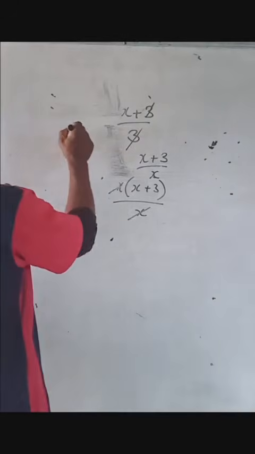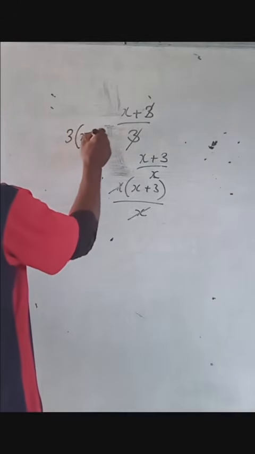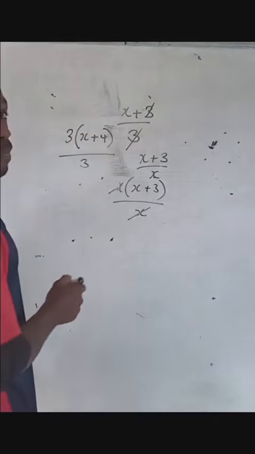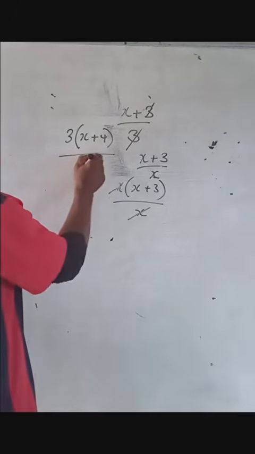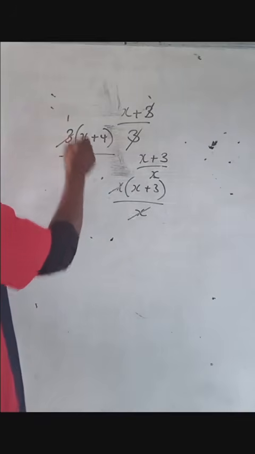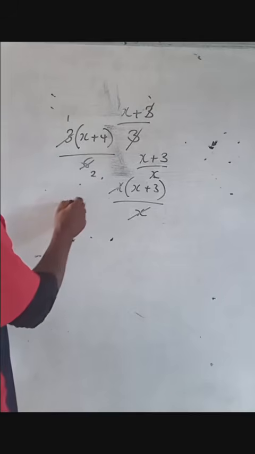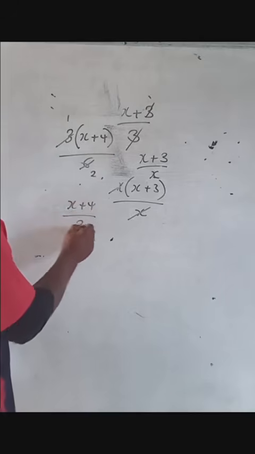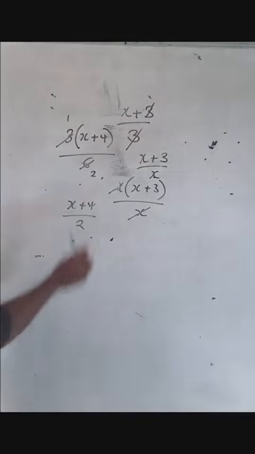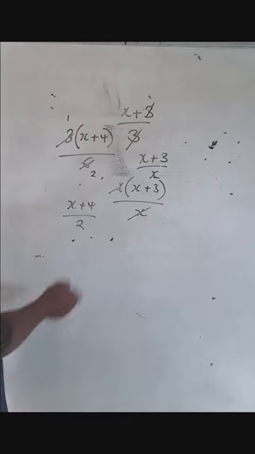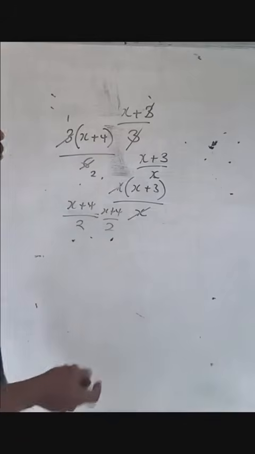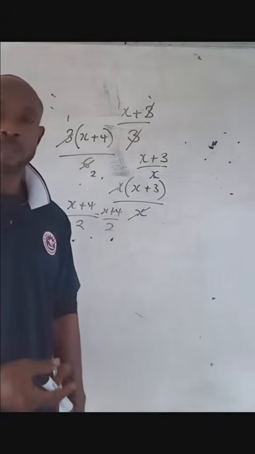Or when you have 3 multiplied by x plus 4 all over 6, now you can cancel out 3, 1, 3, 2. Therefore, x plus 4 all over 2. But you cannot do 4 divided by 2. It's wrong. So you have to leave x plus 4 all over 2 as it is. So keep that in mind.